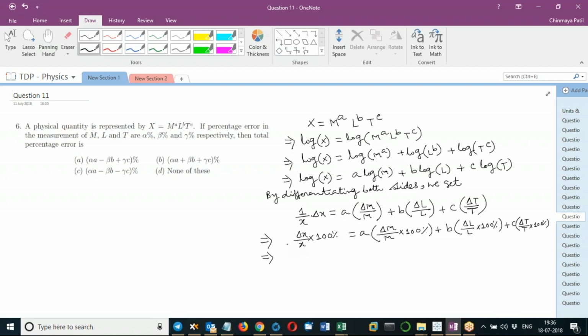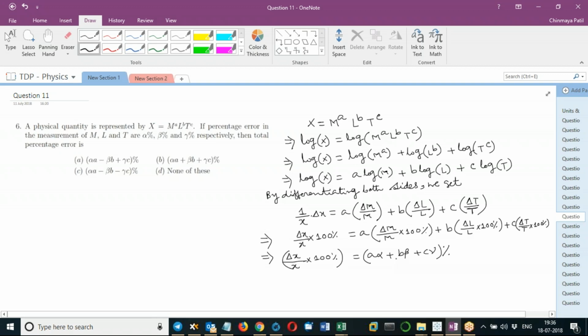So delta x by x into 100%, which is the percentage error we are going to find, is equal to a into alpha plus b into beta plus c into gamma percent.